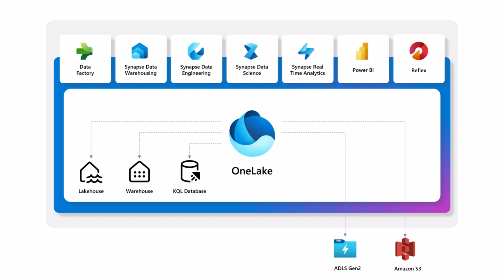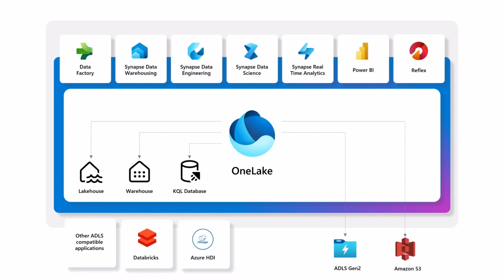OneLake provides data access through the ADLS Gen 2 DFS APIs and SDK. ADLS-compatible applications such as Databricks and Azure HD Insights can connect to OneLake endpoints and access the data through shortcuts. Because shortcuts just appear as another folder in the lake, everything seamlessly works. Let's jump into Fabric and try it out.